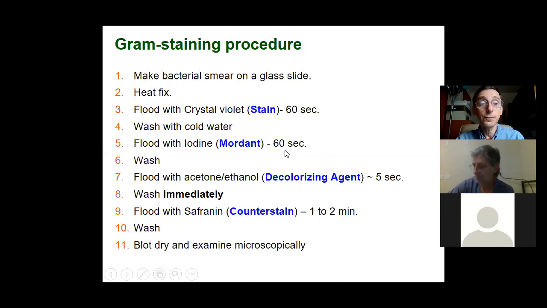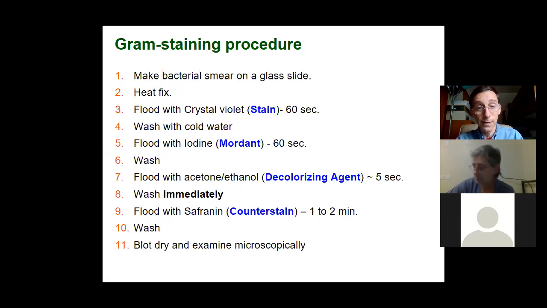All right. After washing with cold water, you tip the slide to get the worst of the cold water off. Then you flood the slide with iodine. Iodine can be used as a stain, but in the Gram stain, we're not using it as a stain.